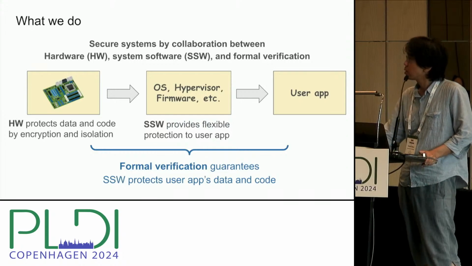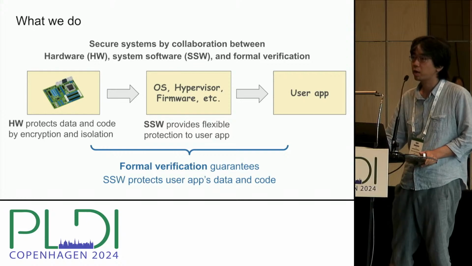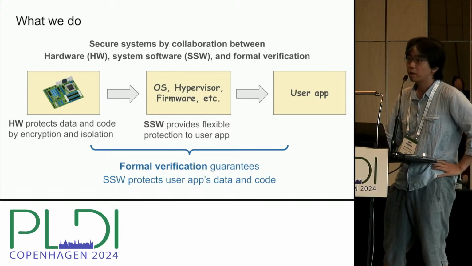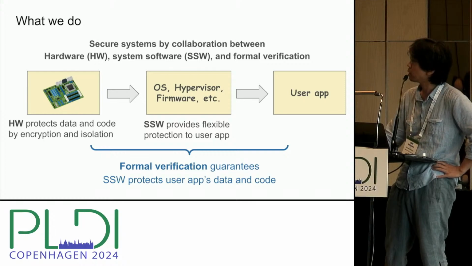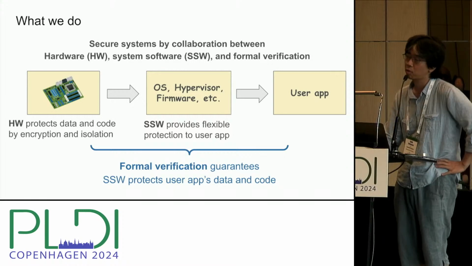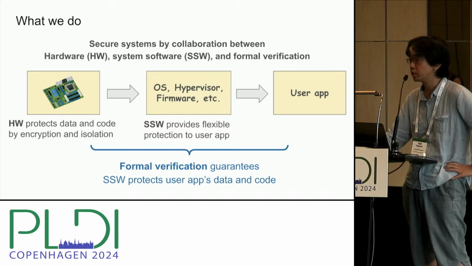So our project is to secure systems by collaborations between hardware, system software, and formal verification. The role of our hardware verification in this project is to provide some encryption and isolation primitives for protecting data and code of user applications.